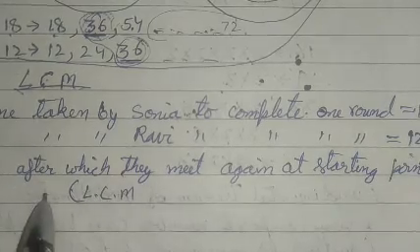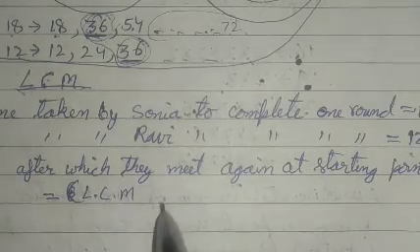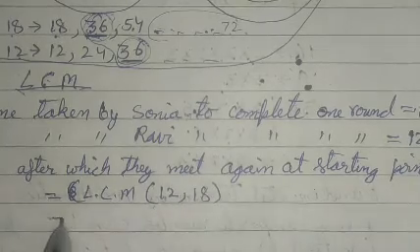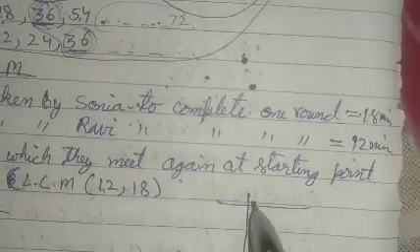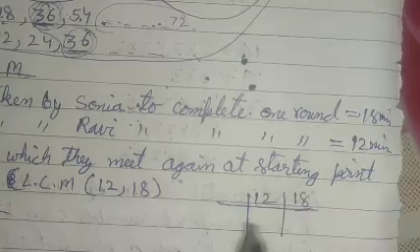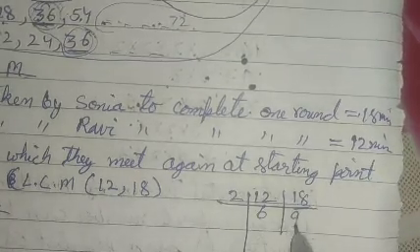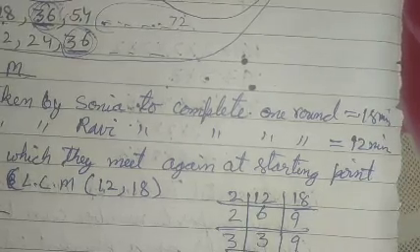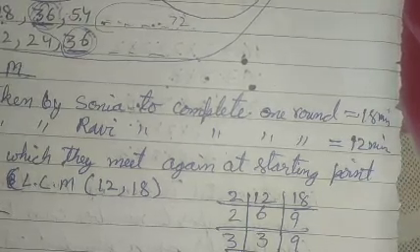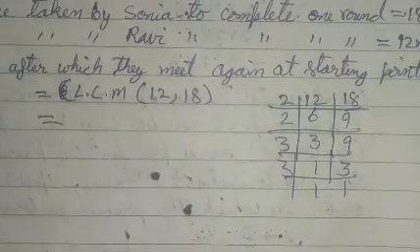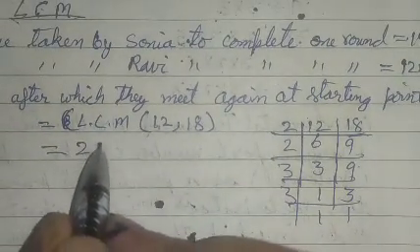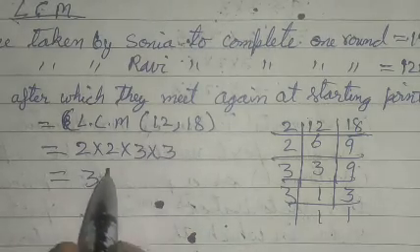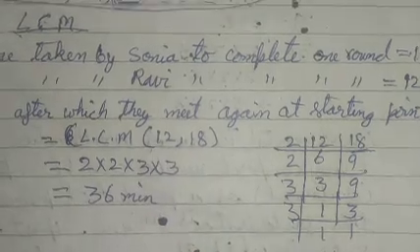LCM, least common multiple, LCM of 12 and 18, and that we can solve here. 12, 18, so 2 6 12, 2 9 18, 2 3 6, 3 1 3, 3 3 9, and 3 1 3. So we are getting it as 2 into 2 into 3 into 3, 3 3 9, 18, 36. So our answer is 36 minutes.